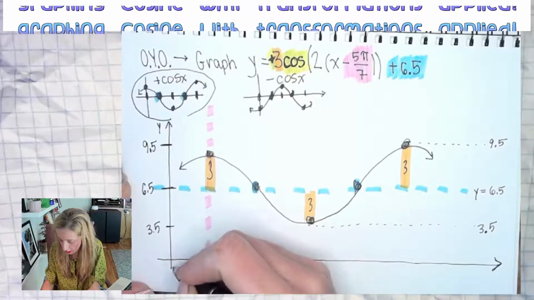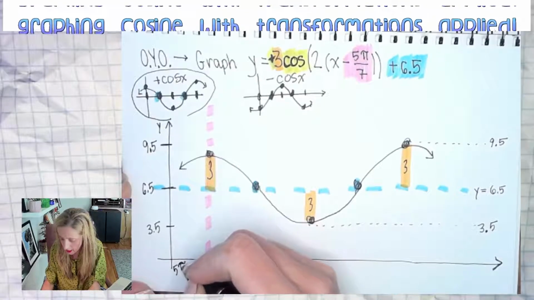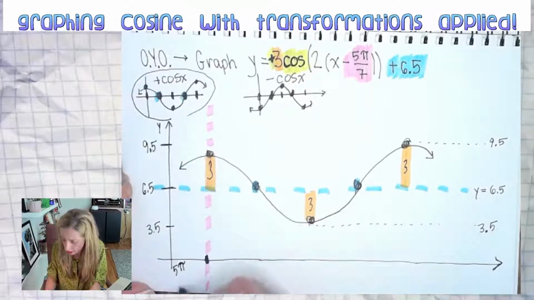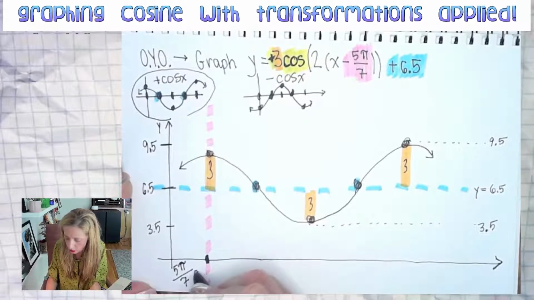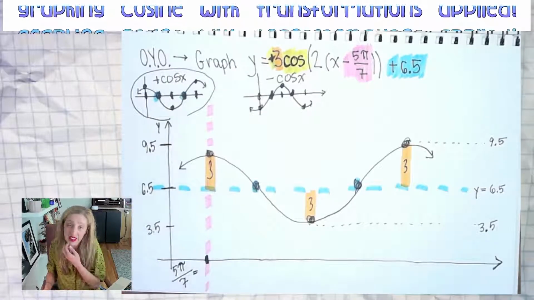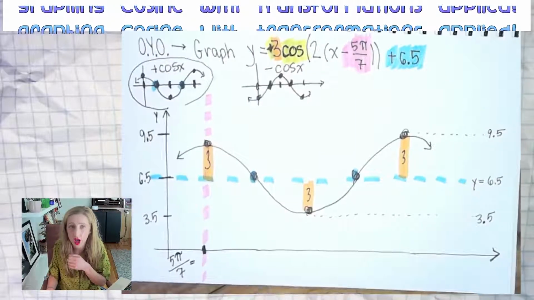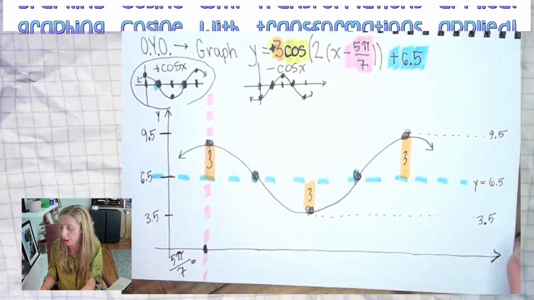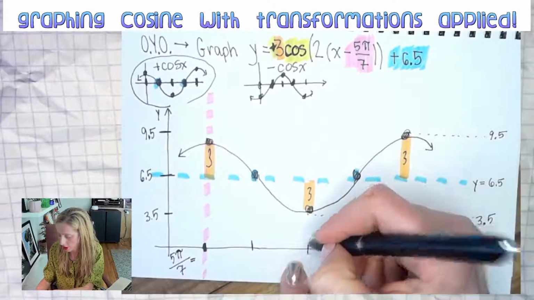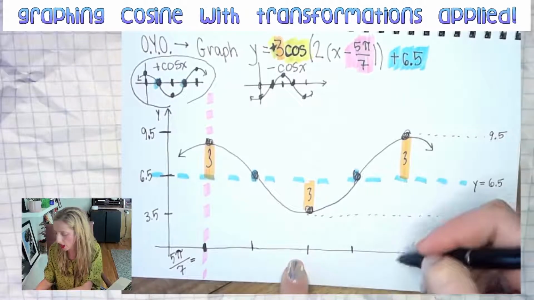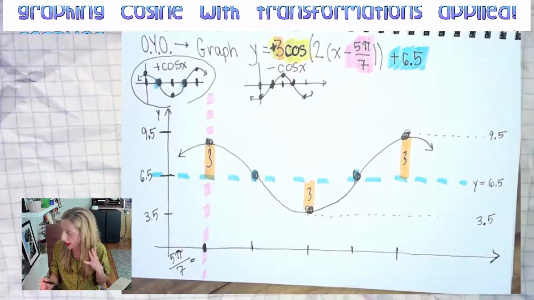I'm going to leave a little room, like I did in the last video, I believe. And I'm going to put 5 pi over 7, and I might leave a little room for equals, because we probably have to find a common denominator, right? So you need to leave that room. Then I'm going to have 4 more tick marks. 1, 2, 3, 4. Not so bad.